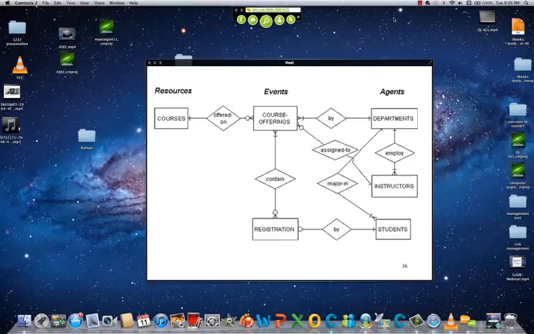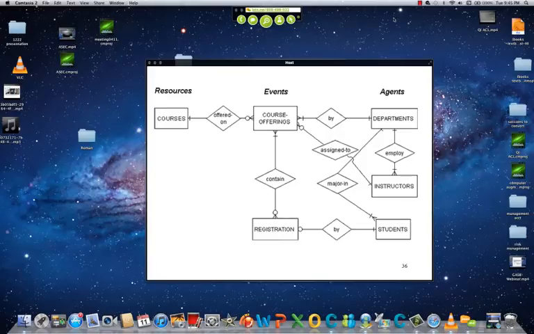Okay, again, let's forget about this "offered." Instead, say "associated." I think it's easier than thinking offered, not offered, offered by. So if we read this, we say a course is associated with either 0 or many course offerings.